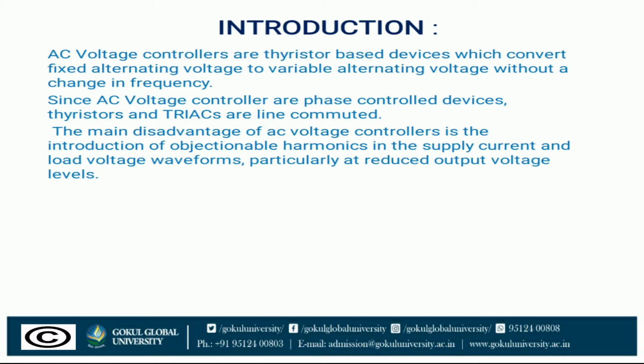The AC voltage controller efficiently converts the AC voltage to another AC voltage, so it is also called an AC to AC converter. In this AC voltage controller we can change the amplitude, but we cannot change the frequency of the output voltage.